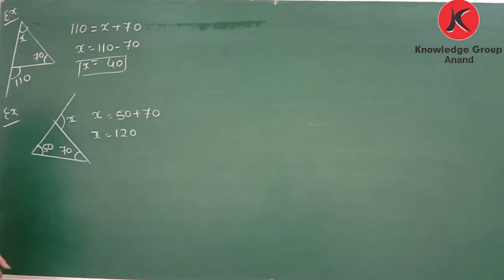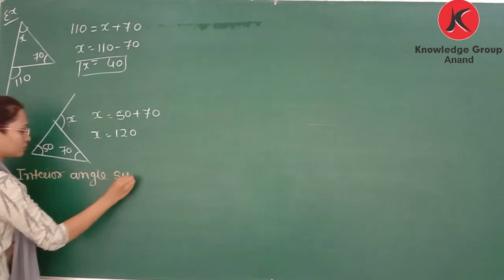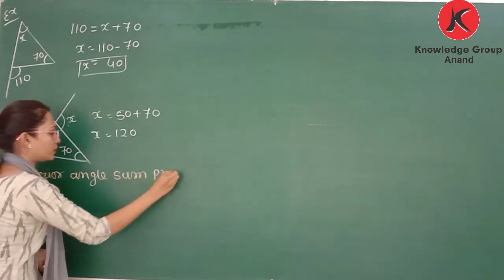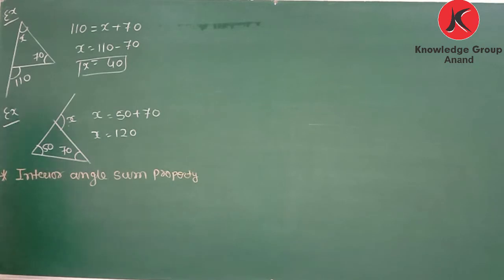After that we learn interior angle sum property of a triangle. What is interior angle sum property? That is, the sum of three angles in a triangle is 180.